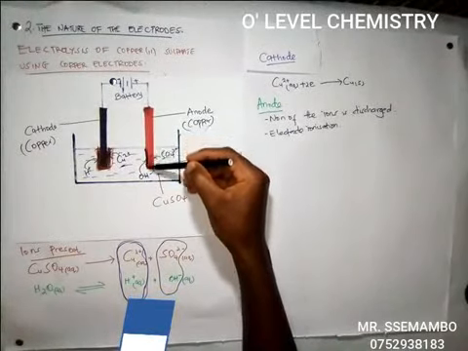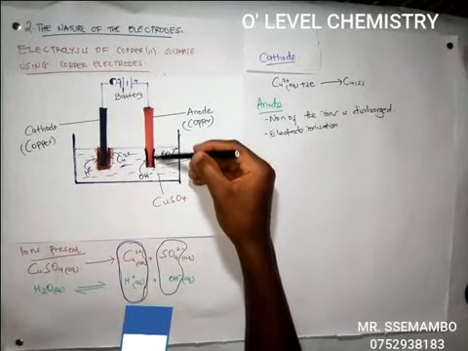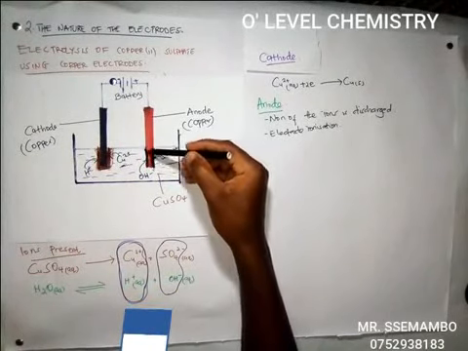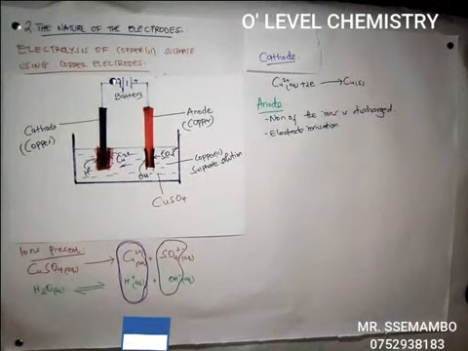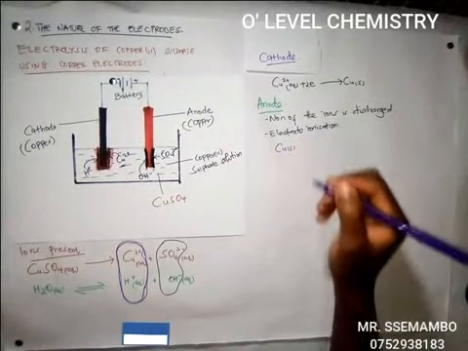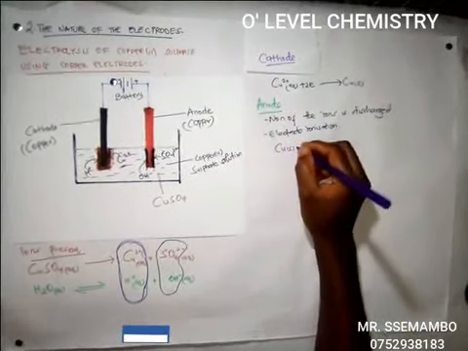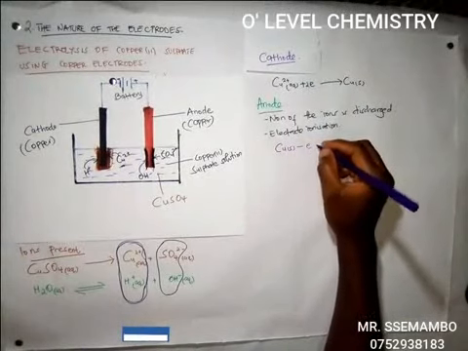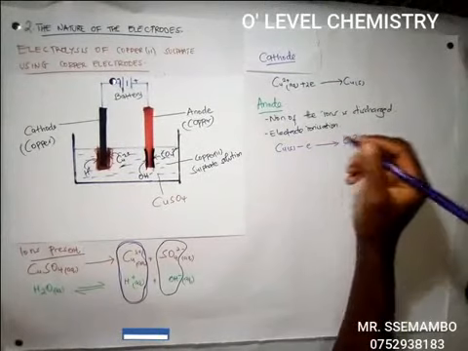So on this side, I'm trying to show that the copper anode loses mass. At the end of the experiment, we shall see the copper anode losing mass and becoming smaller. So the equation at the anode will be: copper solid will lose its electrons to become copper II ions.